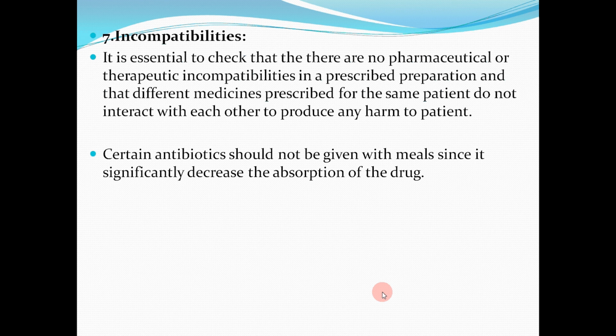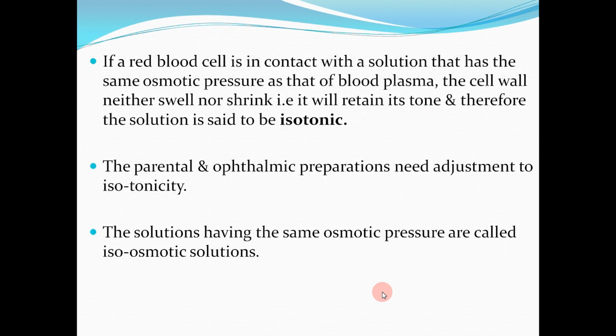This is checked by the pharmacist only, whether there is pharmaceutical or therapeutic incompatibility or not. Certain antibiotics should not be given with meals, since meals significantly decrease the absorption of the drug. This part of incompatibility may produce errors in prescriptions. These are the errors in prescriptions.